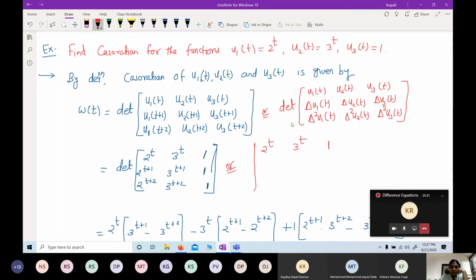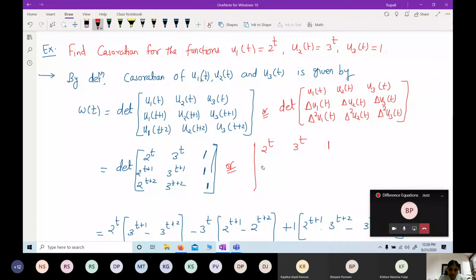What is delta of 2 raised to t? It is 2 raised to t plus 1 minus 2 raised to t. So 2 minus 1 into 2 raised to t, so only 2 raised to t.